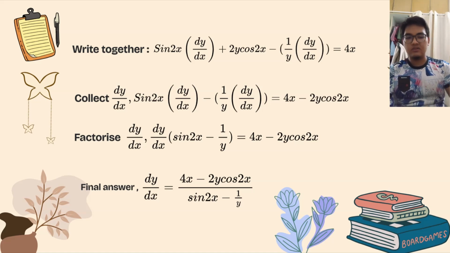So we can conclude that we can divide by the sin 2x minus 1 over y to the right side. So the final answer will be dy/dx equal to (4x minus 2y cos 2x) over (sin 2x minus 1 over y).